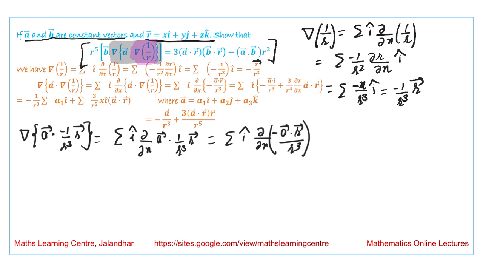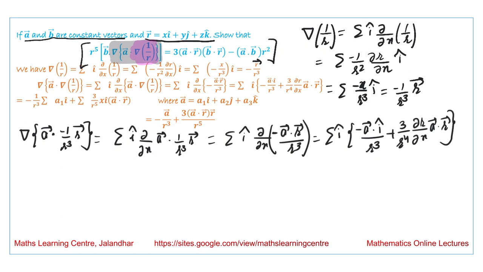So if we differentiate this term, we have already seen in our previous questions, it is equal to sigma i cap. When we are differentiating, we are getting a vector dot i cap over r cube plus 3 by r raised to the power 4 ∂r/∂x into a vector dot r vector.